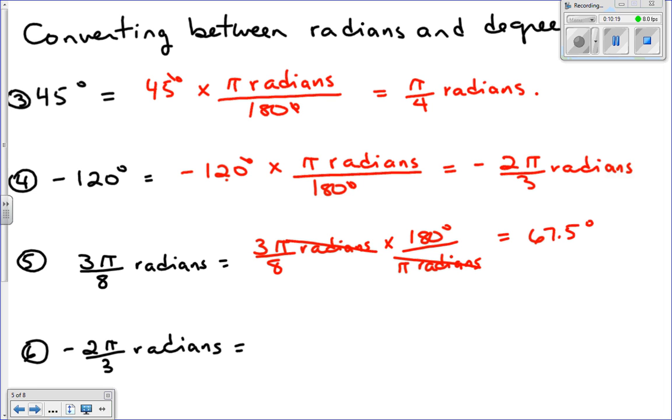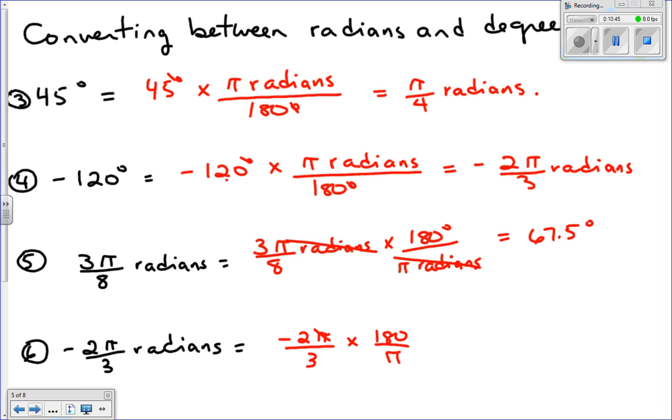So we'll try the last one here. Remember, you can always press pause, try the answer yourself, and then press play again and check your answer. So I've got negative 2 pi over 3, and I'm going to quit writing radians down each time, times 180 over pi.